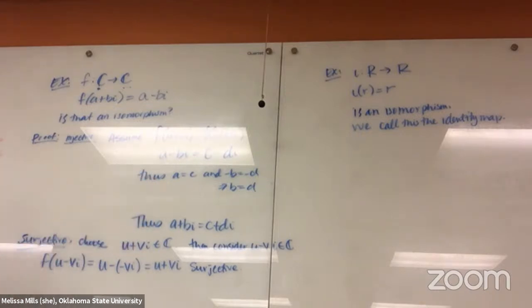I was talking about before that when we say something is an identity, we're asking with respect to what operation, right? We have an identity with respect to addition, and with respect to multiplication. So my question to you is, if I'm calling this an identity map, it's an identity map with respect to what operation?